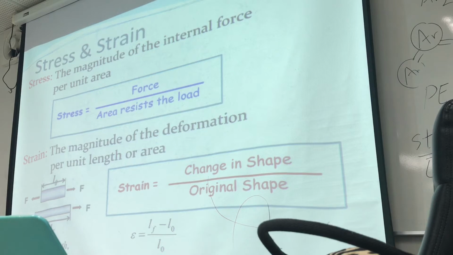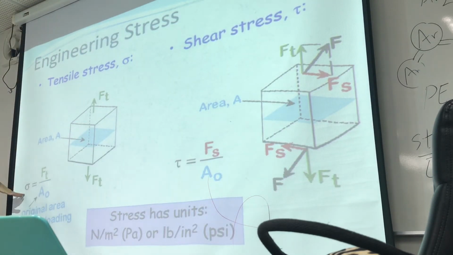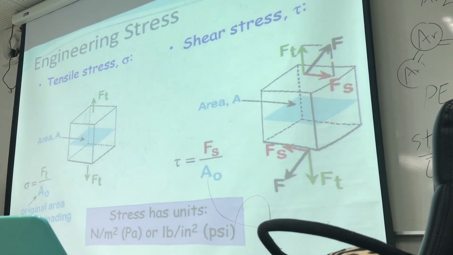For example, if stress is F over A, what is stress represented by? It is sigma. So here sigma is stress, and F over A.